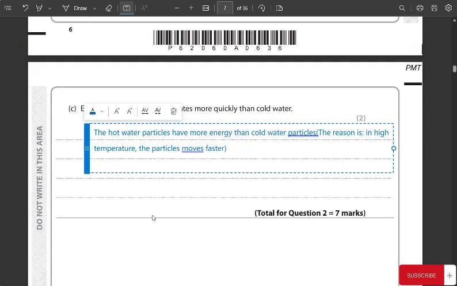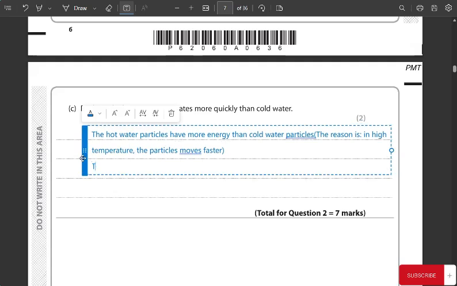And the second one, we can write for the second reason, to overcome the forces between water molecules. The energy spread between the particles will be greater, will be higher. That's why it overcomes faster.